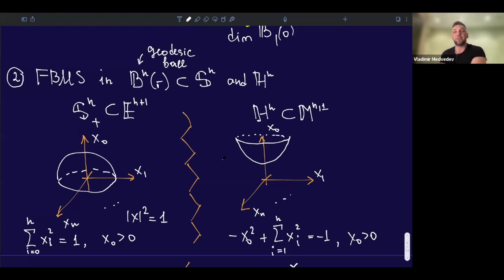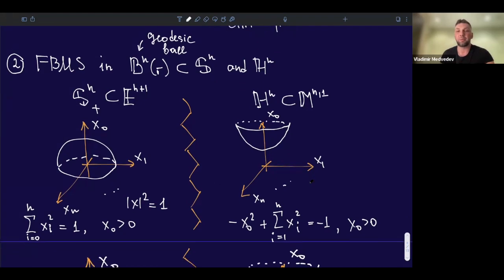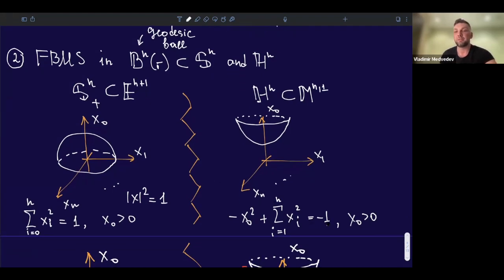And similarly, H^n can be considered as a subset, the hyperboloid in the Minkowski space. This hyperboloid is given by this formula, which can also be considered as the square of the length of the radius vector equals -1.